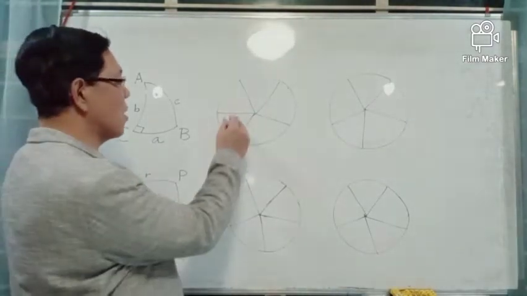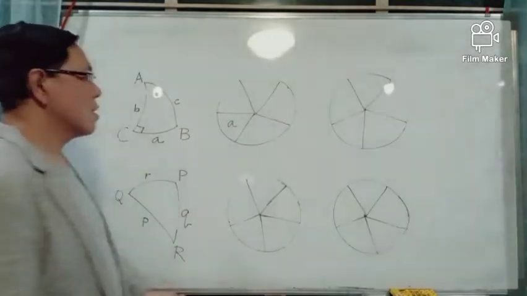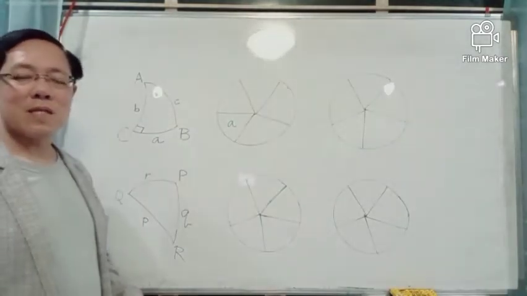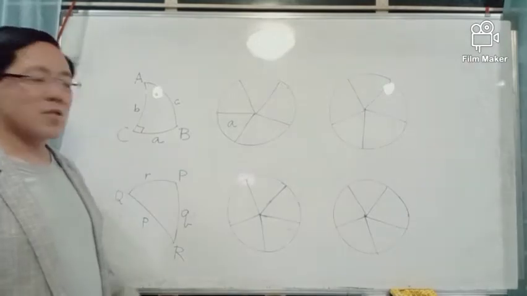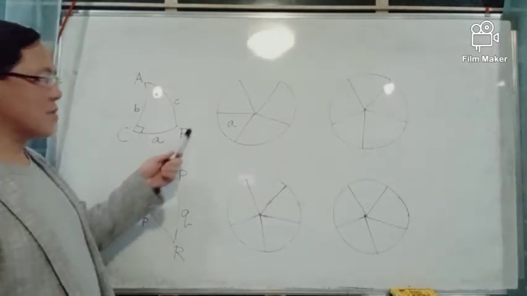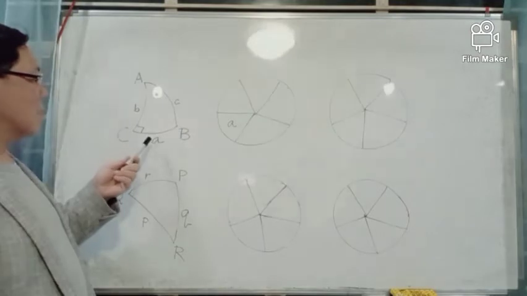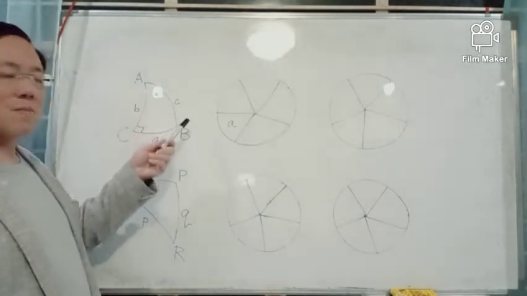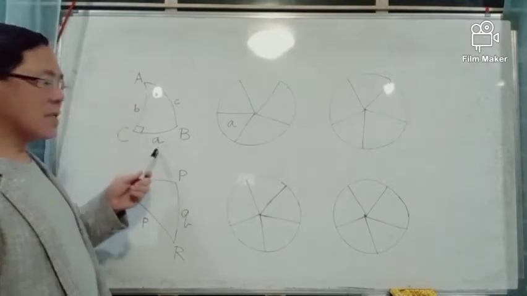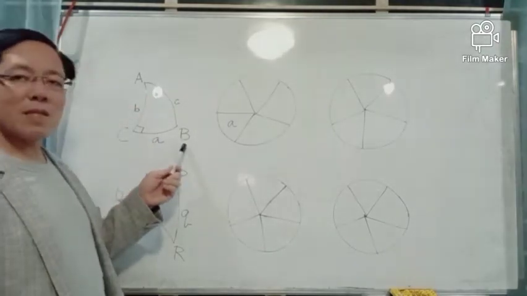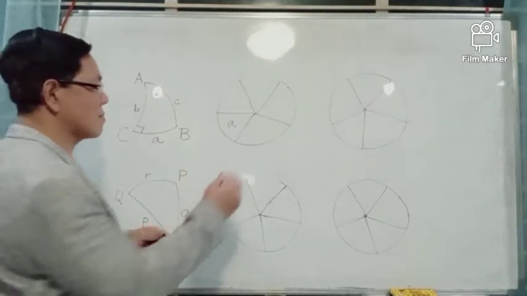I will write small a here. And then to write the remaining 4 parts, you may go in counterclockwise direction or clockwise direction. If you go in counterclockwise direction, next to small a, you will write angle B.